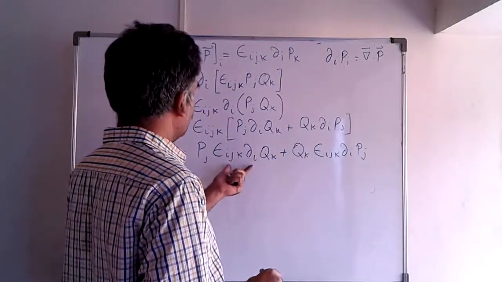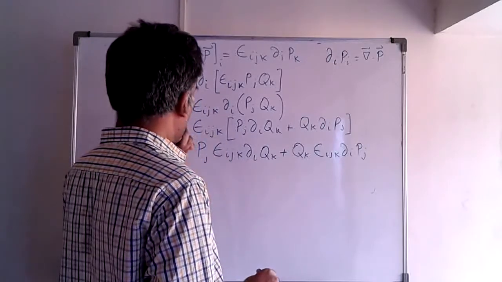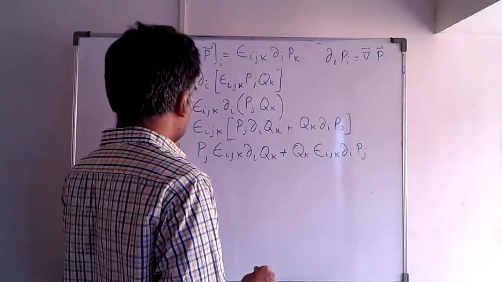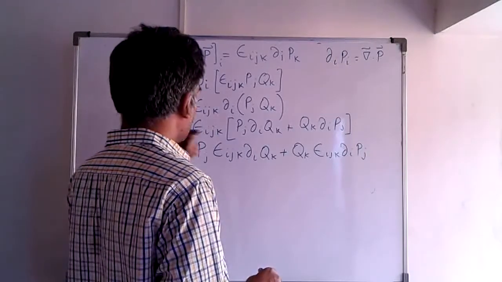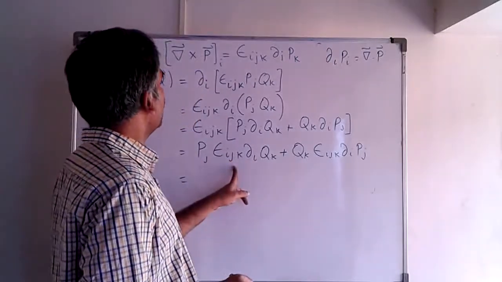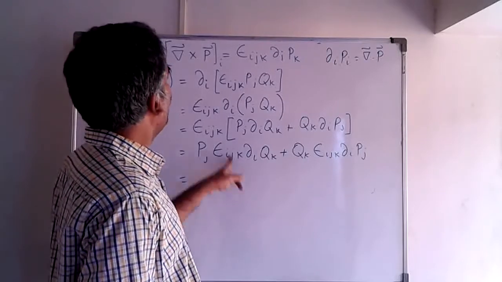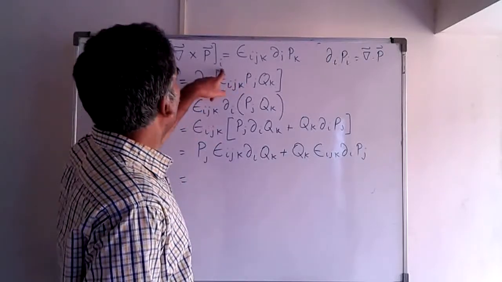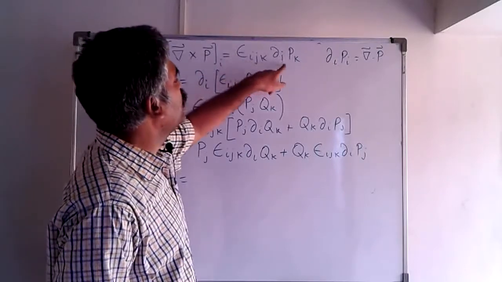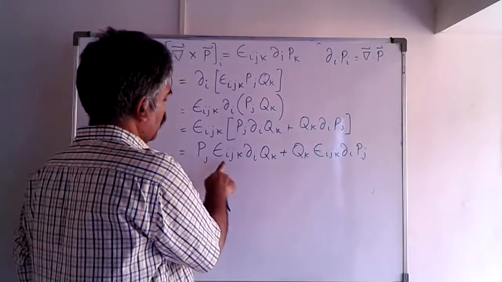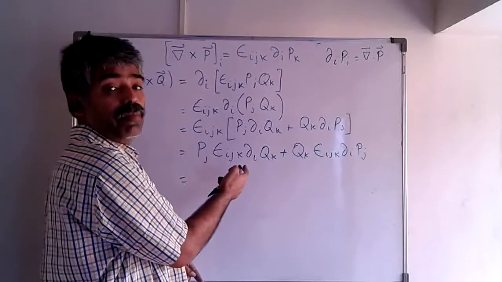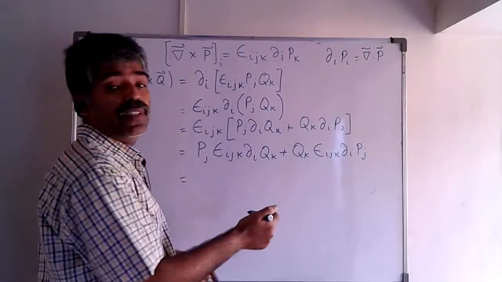Now what is this? I have made some mistake, I think. No, this i and this k, so i should come in the second position. How is it defined? For the ith component, i should come in the first position, then j k. So here i and k, you must swap these two. Since this is a completely antisymmetric tensor, if you swap two indices, you get a negative sign.